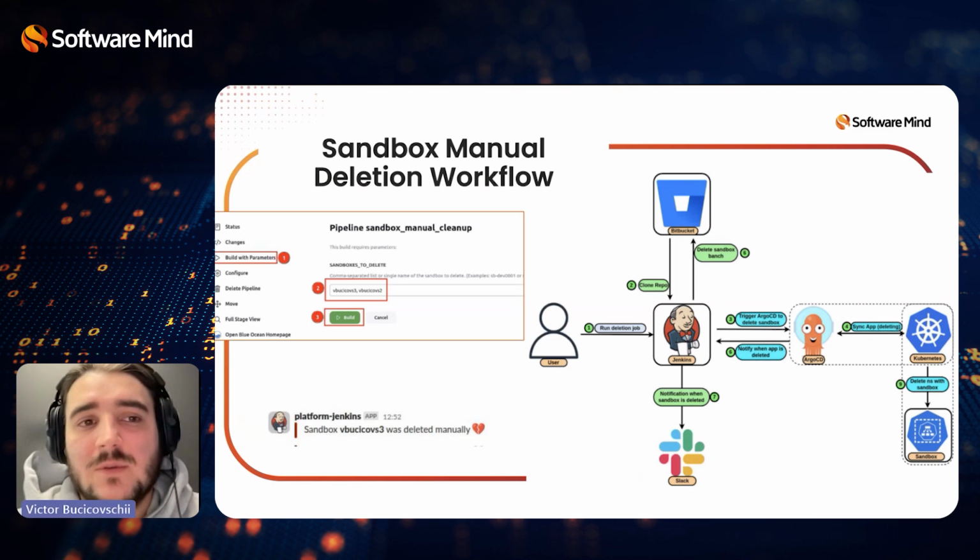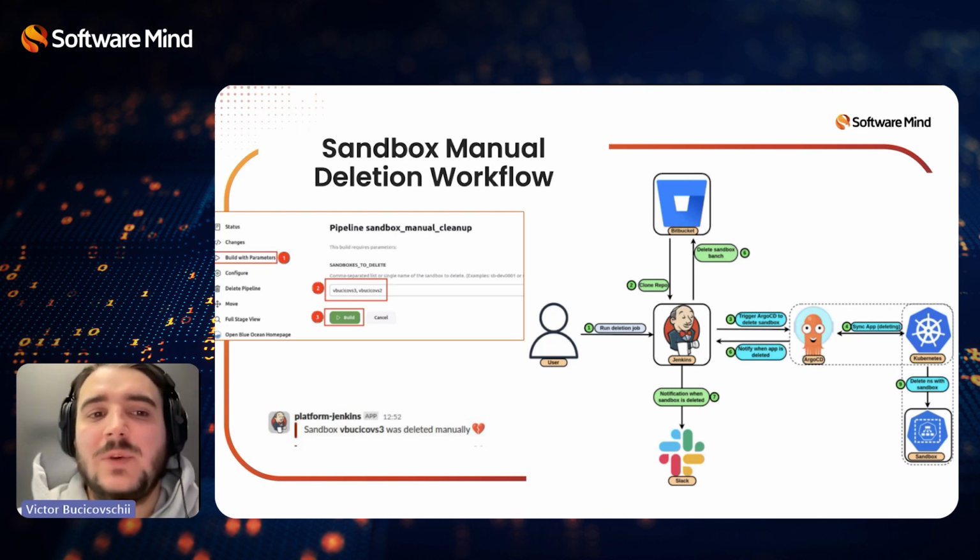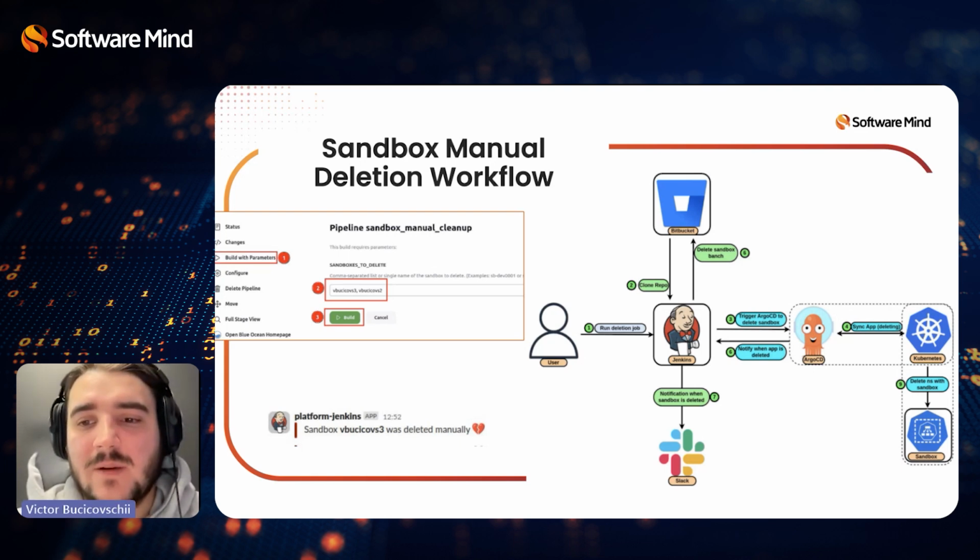We also have a manual deletion workflow where we can delete sandboxes manually. Basically, it is the same as the automatic one, just we can choose which sandboxes have to be deleted.